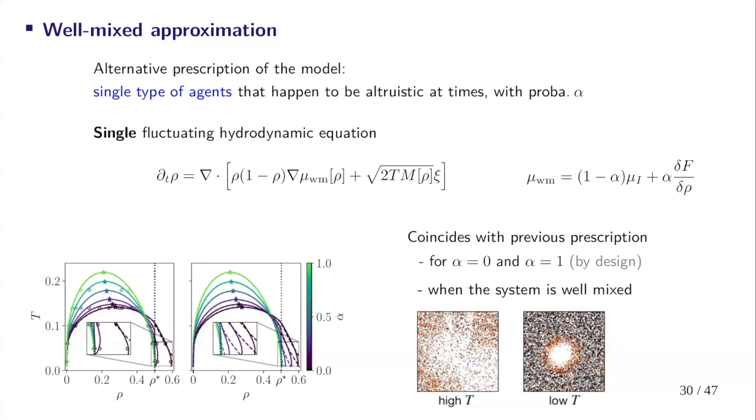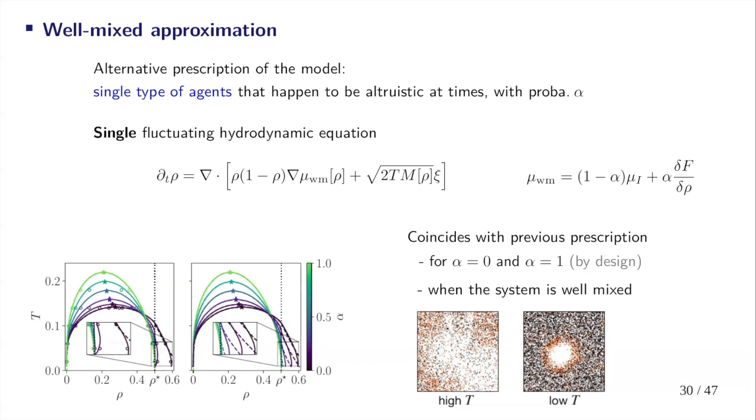So it should give the correct binodal at high temperature, and this is the case here. Here I compare, on the left is the true original system, on the right is the approximation, and you see that you have a perfect overlap close to the critical point of the binodals.